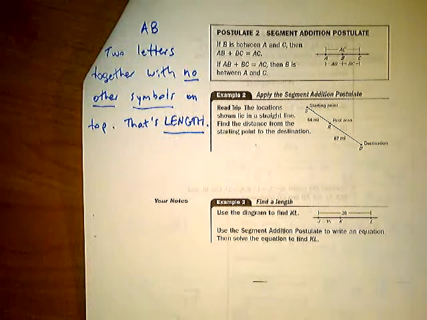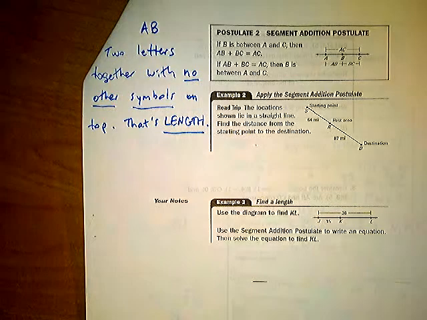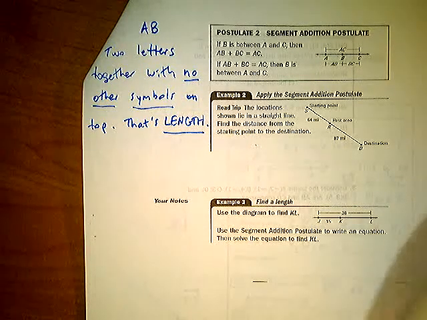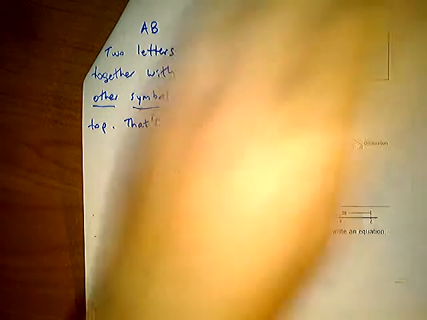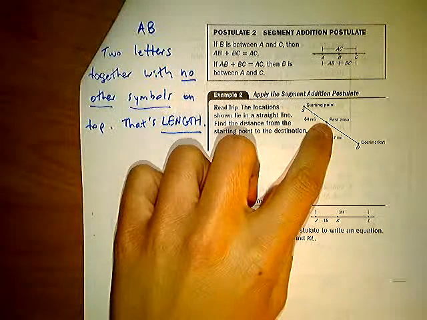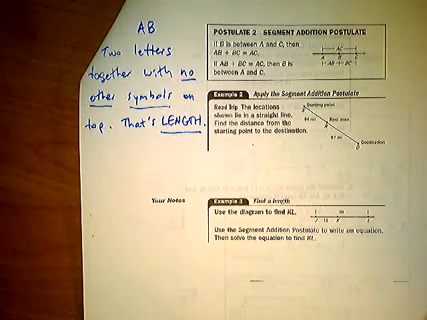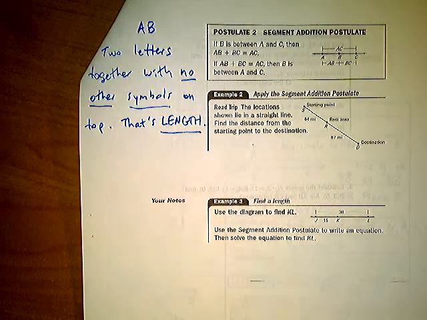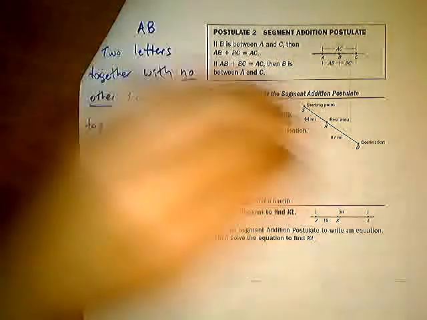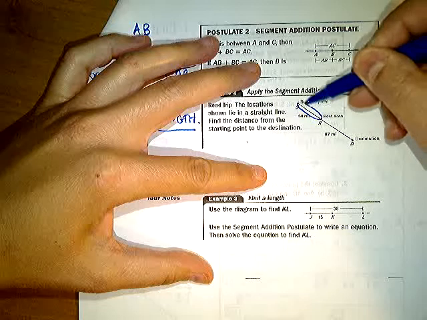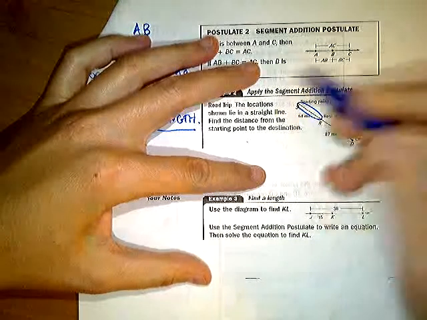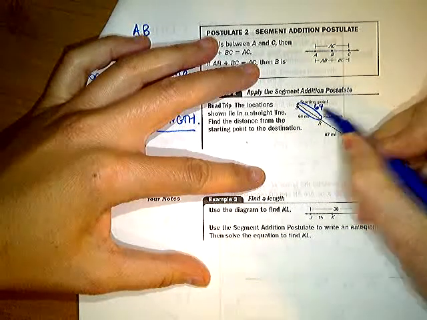Now, let's do a few examples where we can apply the addition postulate. The first one is example number 2. It says there's a road trip and there are a starting point, a rest area, and a destination at 3 different positions that form a straight line. From the starting point to the rest area, that's 64 miles. I don't know if you can see it very well, so I'm going to write it bigger.